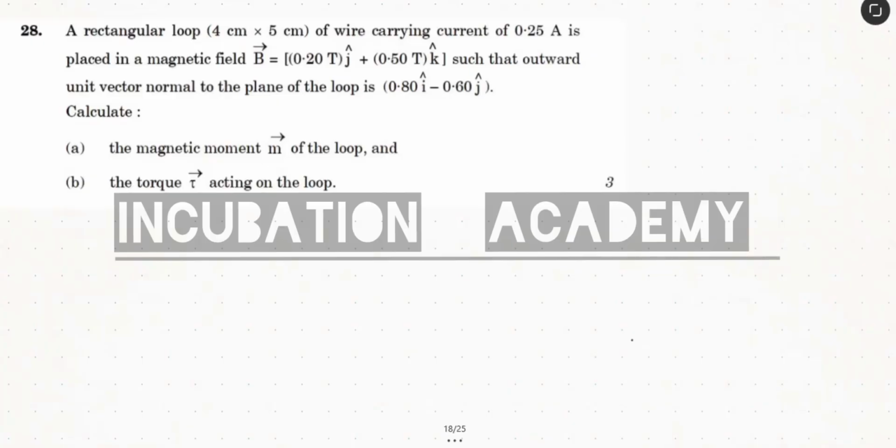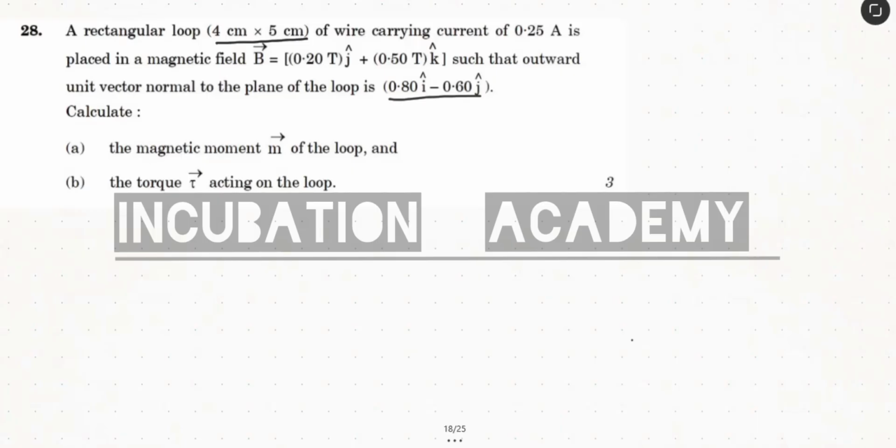So here, one thing needs to be noticed. The dimensions of the loop, that is the length and breadth, are given at one place, but the direction of the loop, that is 0.80 i cap minus 0.60 j cap, is given in another place.